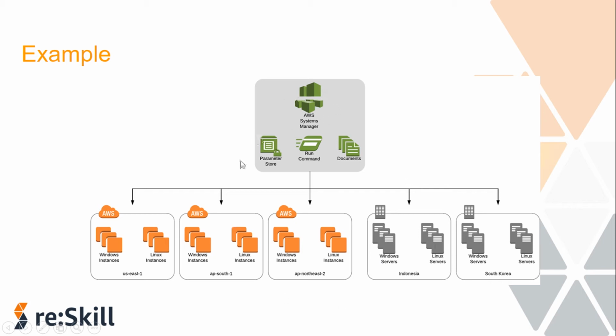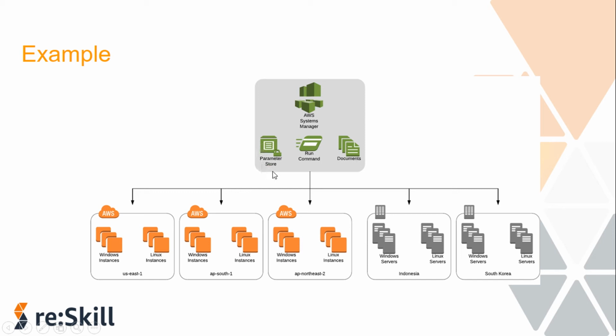In this particular figure, you can see the orchestration of some Windows and Linux servers across multiple hosting platforms and AWS regions using AWS Systems Manager. All of these instances and servers are being managed by Systems Manager. They all have the SSM agent installed within them, and you can see three capabilities of it mentioned.